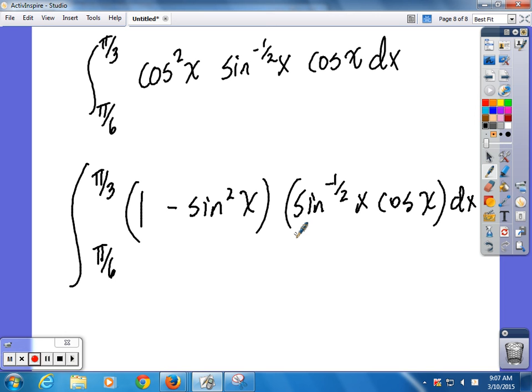And what are you going to do with that? Distribute it? I'll write that later, okay? Sine of negative 1/2 x cosine of x minus, let's see, 4/2 plus negative 1/2 is what? 3/2, right?